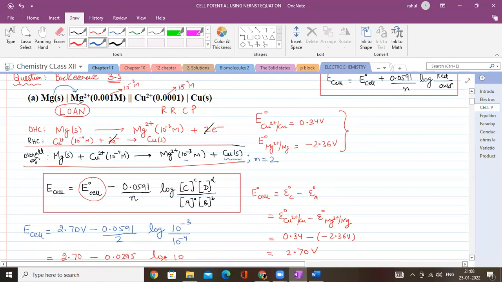And then copper 2 positive goes to copper in solid. So copper 2 positive, 10 to the power minus 4 molar, plus 2 electrons will give copper in solid.